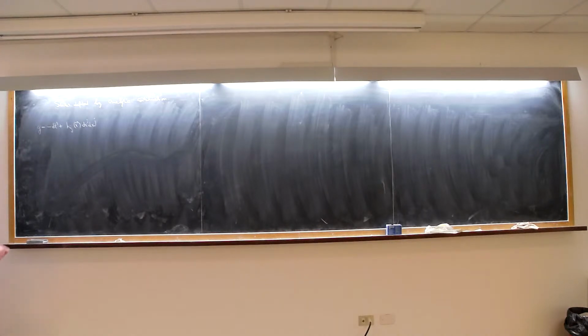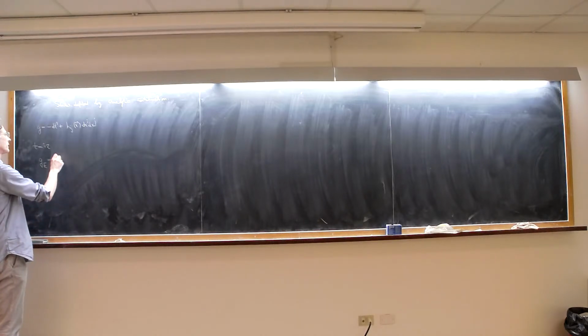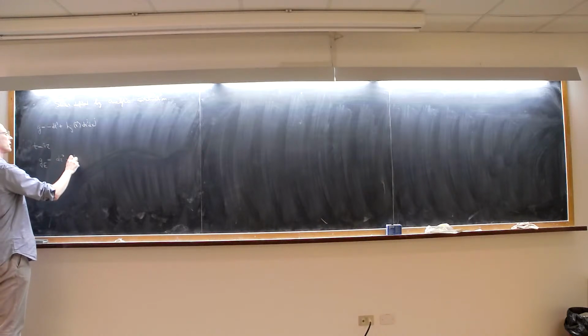So you can observe that if you say that t is i tau, and you demand that tau is real, then you get a Euclidean or a Riemannian metric. More precisely, this is a metric really on a complex manifold, and the complex manifold has different real submanifolds. That's the right viewpoint, but never mind. So here, d tau squared plus h_ij.